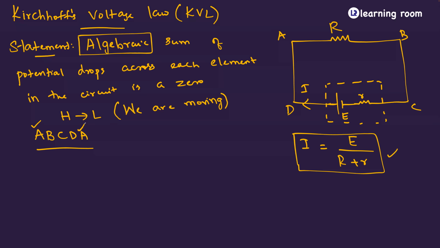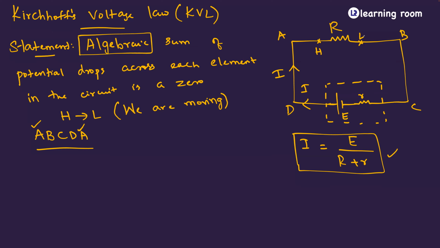So when you have this kind of a loop, observe the direction of current. The current is going to flow in this clockwise direction, and we also know that current flows from higher to lower potential. So mark this point as H and this point as L. If this is the direction of current, A is at higher potential, B is at lower potential.